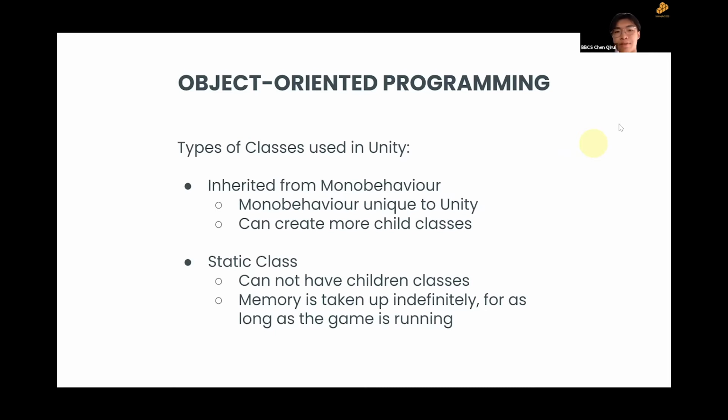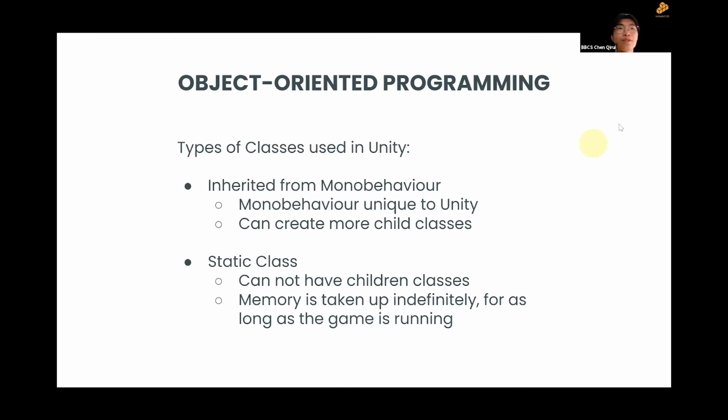To put it simply, it's basically classes, which are like blueprints. You can think of the blueprint of a car, and objects are derived from the blueprint. You can think of objects like the car itself that's manufactured from the blueprint of a car.